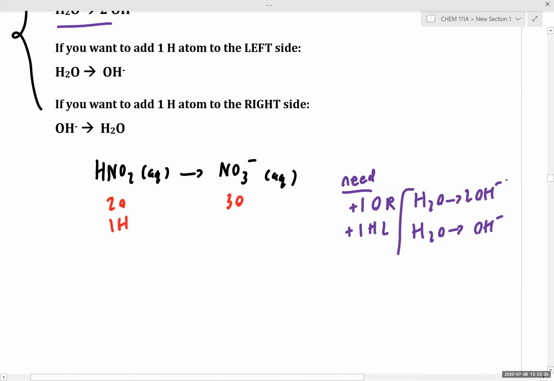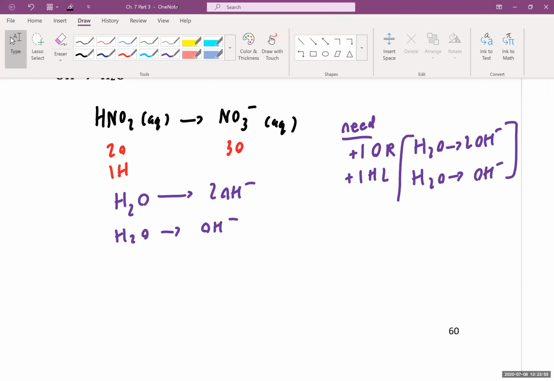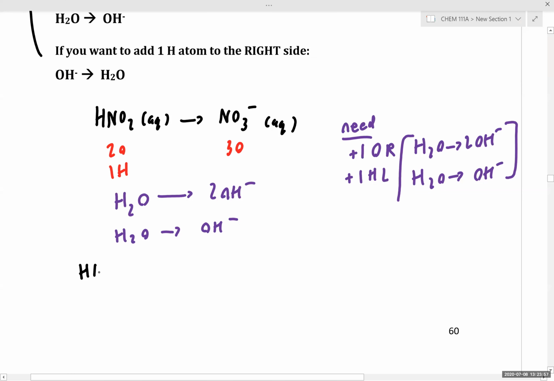Now that I have both of my oxygen and hydrogen addition units set up, I just simply add them to my overall chemical equation. That in turn gives us, after adding our equations together, HNO2 plus 2H2O leads to NO3 minus plus 3OH minus.